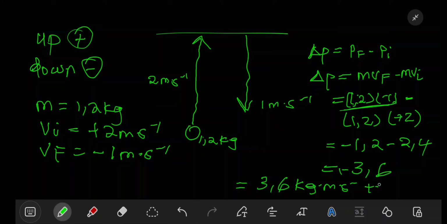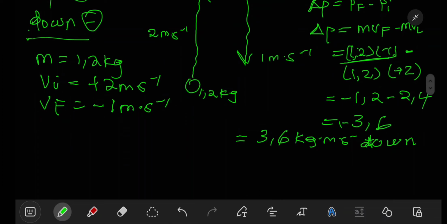So our direction is down, or you can write downwards. I hope the part on changing momentum makes a lot of sense. The main objective is to choose the direction for the velocity, and then everything will go accordingly.